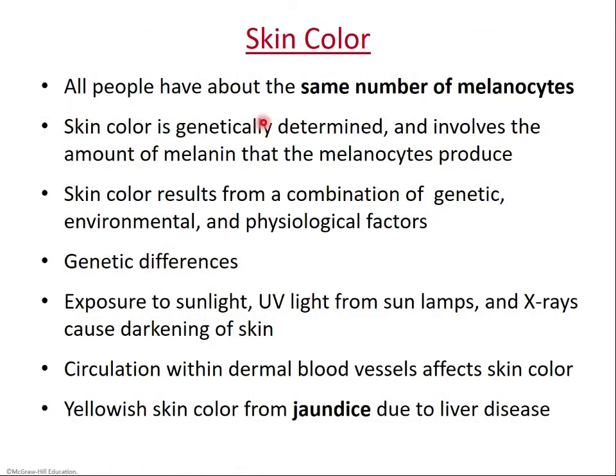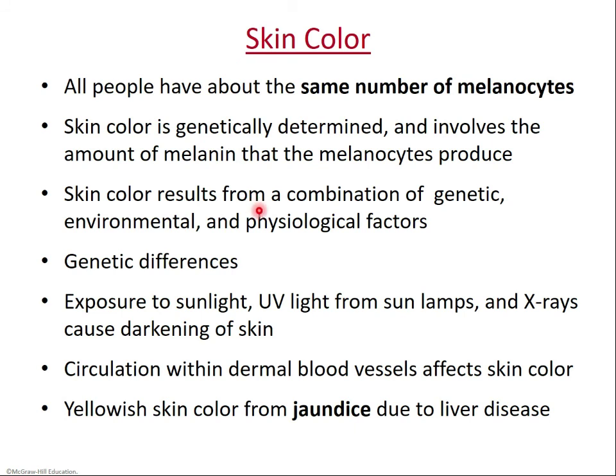So all people have about the same number of melanocytes, irrespective of the skin color. However, skin color is genetically determined, and it involves the amount of melanin that the melanocytes produce. Even though everyone has the same number of melanocytes, the amount of melanin produced by these melanocytes will be genetically determined.